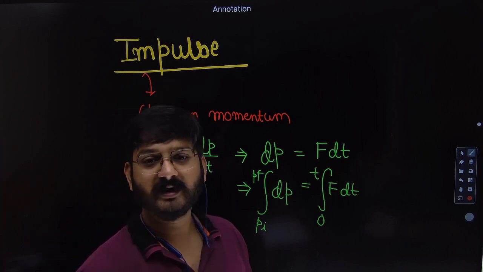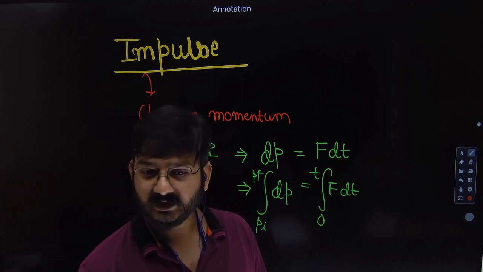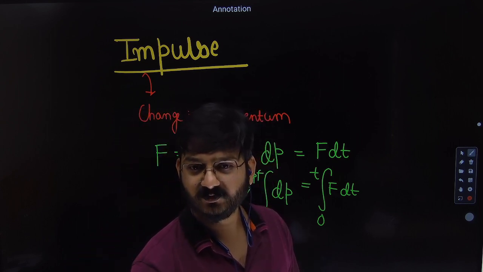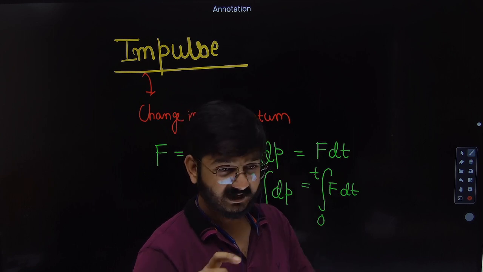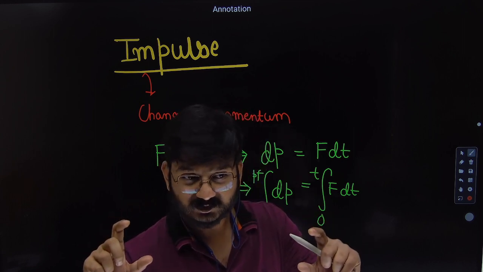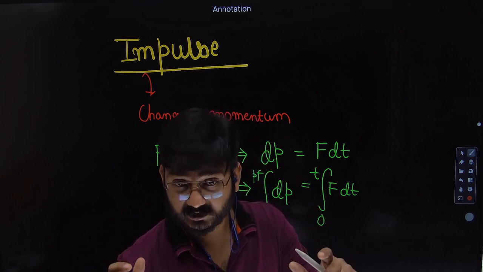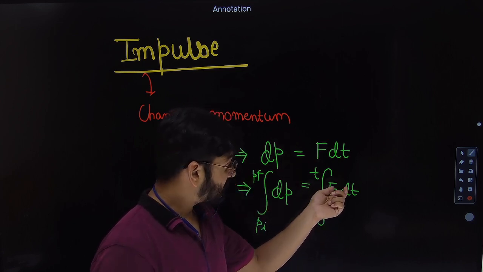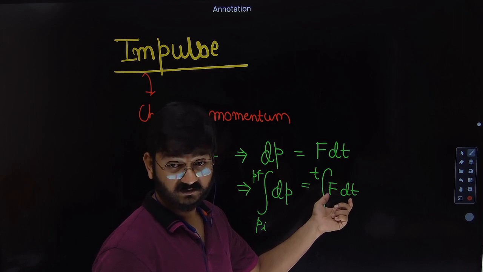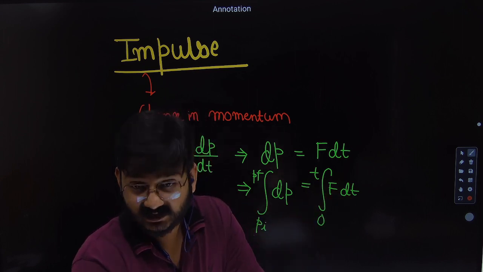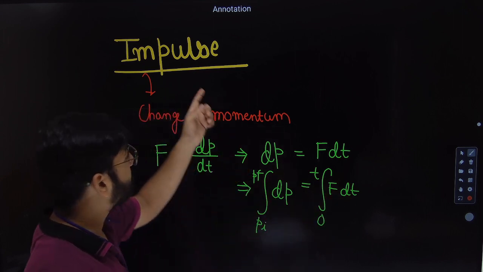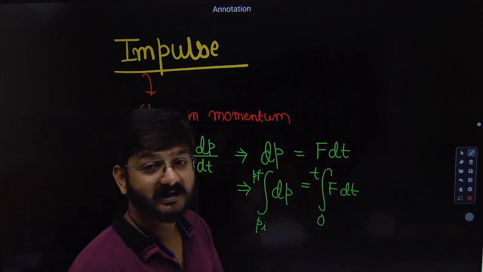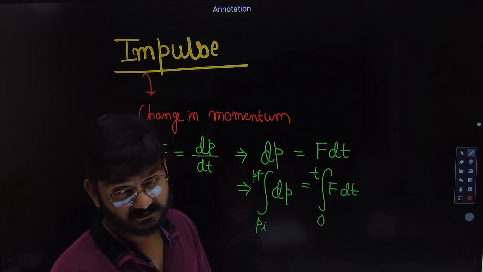Same thing, you take any sport, badminton, lawn tennis. What is the time of contact of the tennis ball with the racket? Few milliseconds, but still sometimes they show the speed of the shot, 145, 150 kilometer per hour. So when a huge force is applied for a small interval of time, the impact that is created is called impulse. Or we can say that impact is created due to change in momentum.